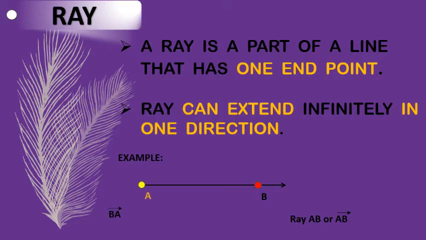According to the figure the initial point is A, but here I have written the initial point as B. As you can see, I have written BA with the tiny ray symbol over it, which shows that A is the extended point and B is the initial point, which is wrong. This is not correct. So you need to be very careful while writing the name of the ray. I hope you have understood this.